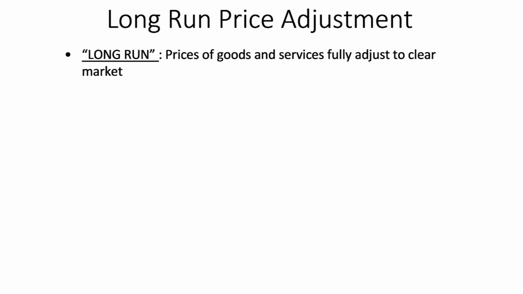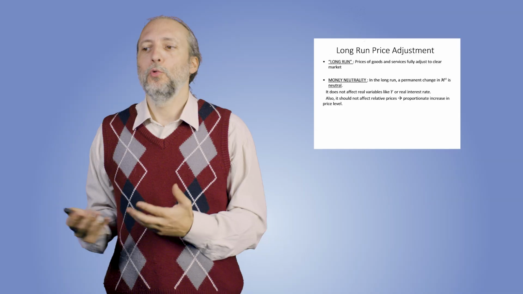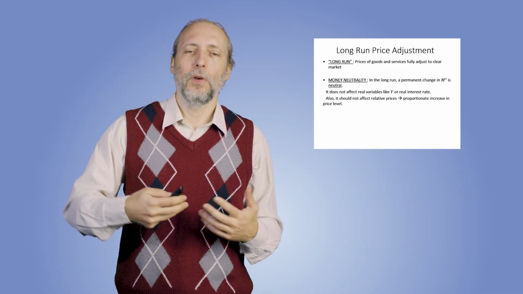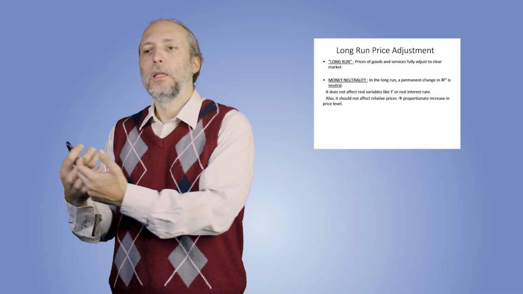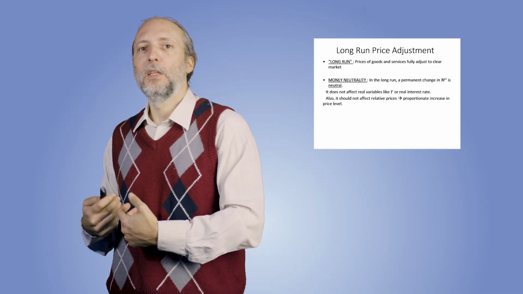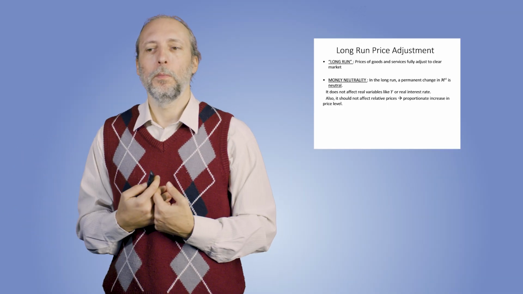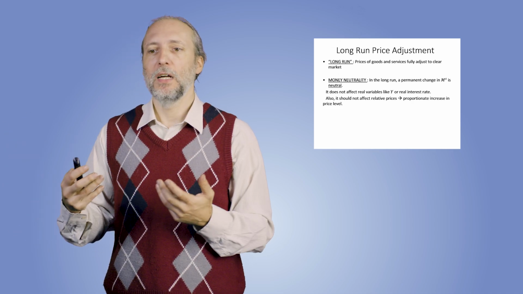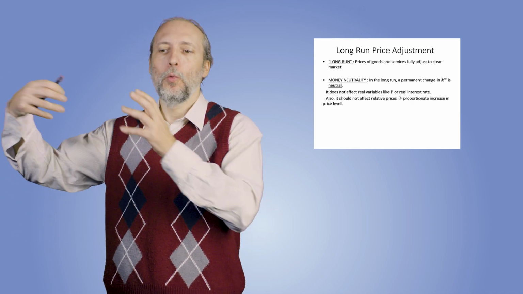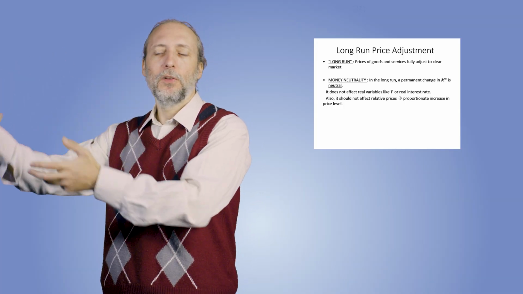So we can reconcile both views, and that's the way most economists think about it: money is not neutral in the short run, meaning in the short run, when prices are fixed, we can boost spending by lowering interest rates and increasing the money supply, and that can have real effects. But then as prices adjust, in the long run, all we're going to achieve by printing more money is creating inflation.